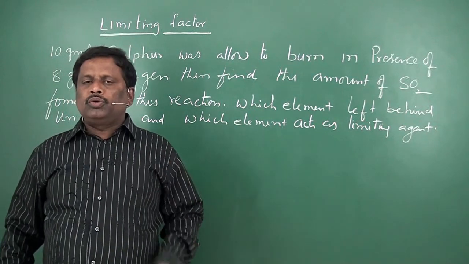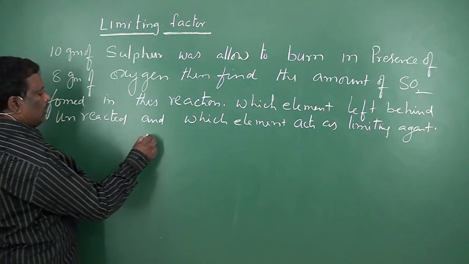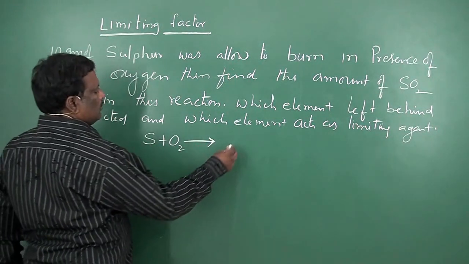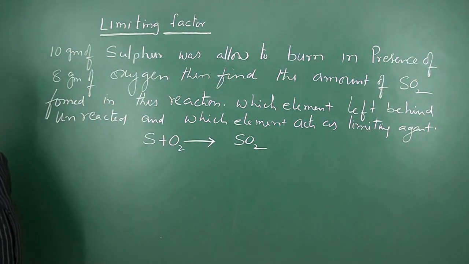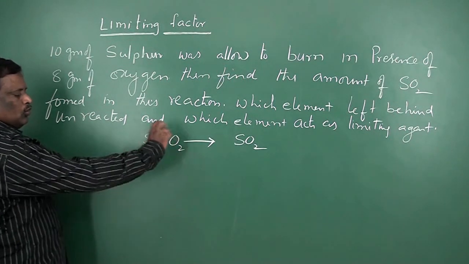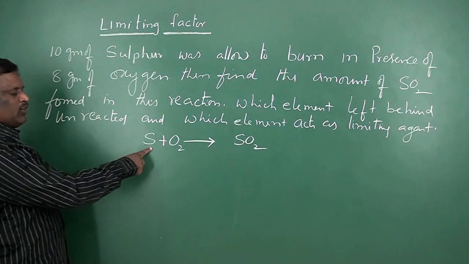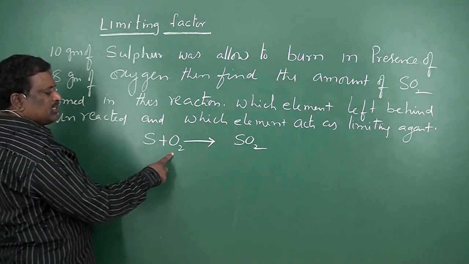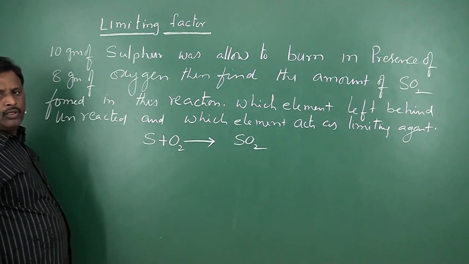So, according to the reaction of sulfur and oxygen, sulfur reacts with oxygen to give sulfur dioxide. If you verify whether the reaction is balanced or not, one sulfur is present in the reactant side and one sulfur in the product side. Two oxygens are there in the reactant side and two oxygens in the product side.